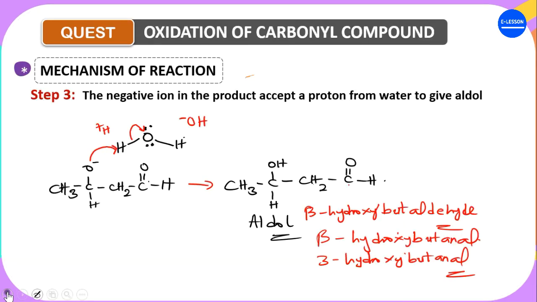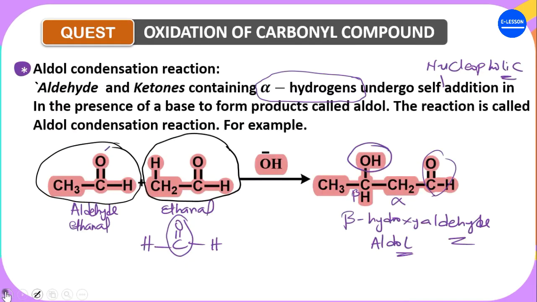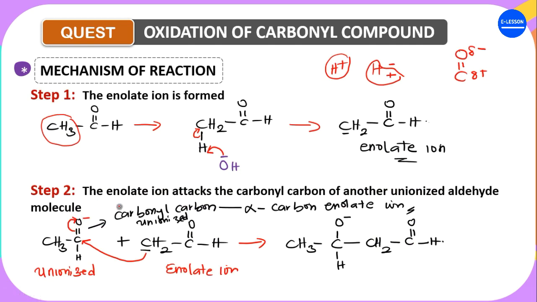I've explained this before: what is formed is larger than the initial reactant, and it involves the formation of another carbon-carbon bond. The new bond is formed between the carbonyl carbon of the unionized aldehyde and the alpha carbon of the enolate ion.